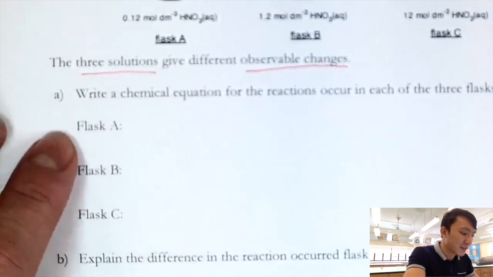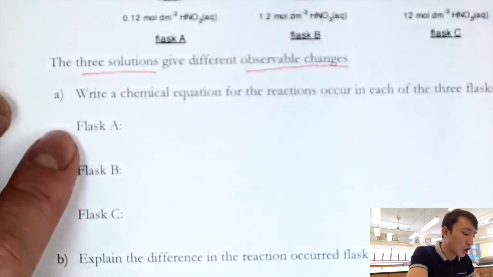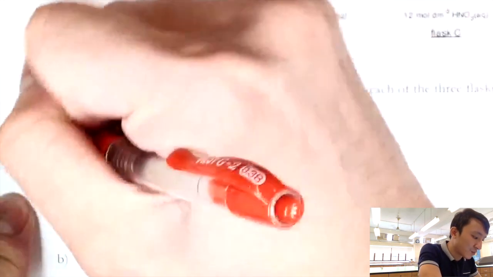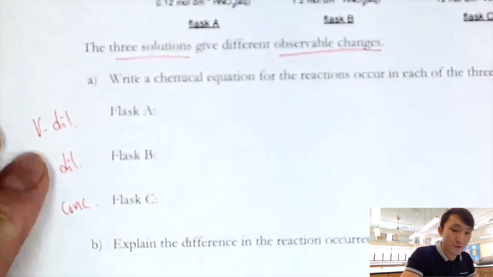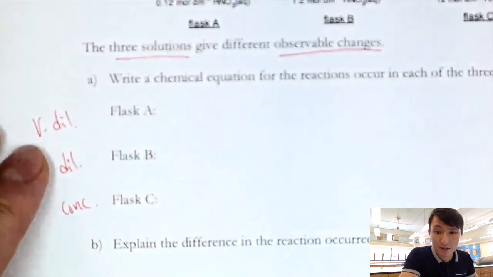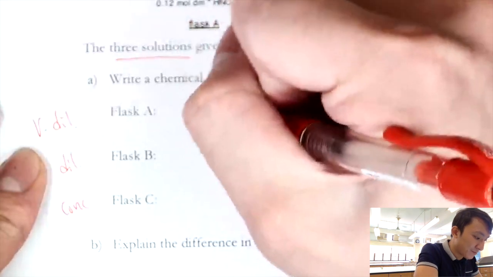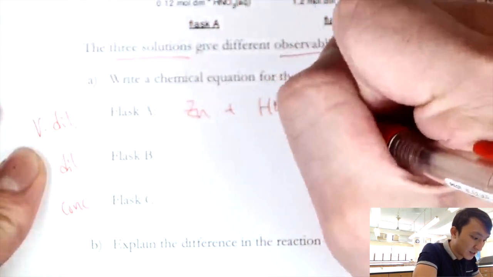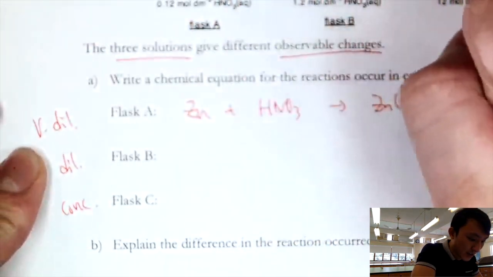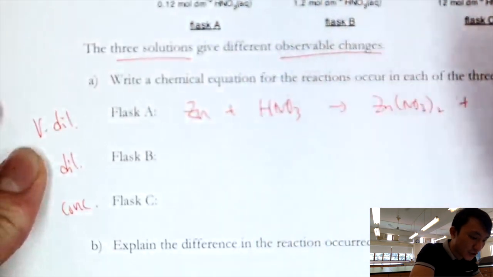For part A, this is the very dilute one, this is the dilute one, and this is the concentrated one, basically. So for the very dilute one, it does not have the oxidizing property, so this is basically a metal and acid reaction. So zinc reacts with HNO3 to form zinc nitrate and H2 gas.